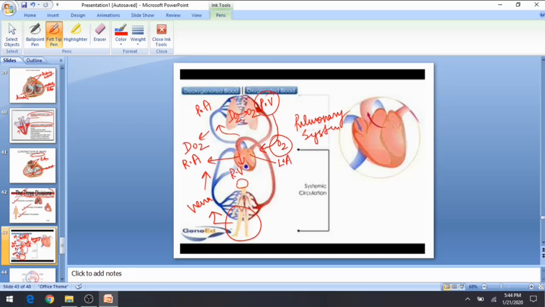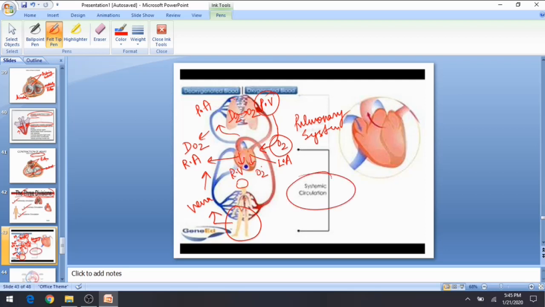From the left auricle, blood flows down toward the left ventricle, and oxygenated blood moves up again towards the aorta. So the pulmonary system basically involves transport of deoxygenated blood from the heart to the lungs to make it oxygenated.